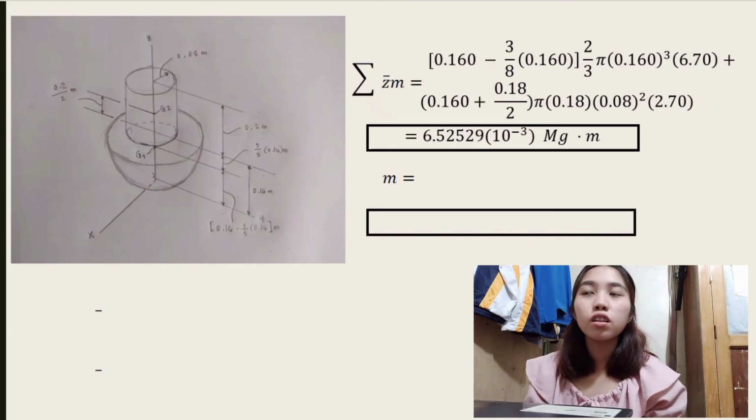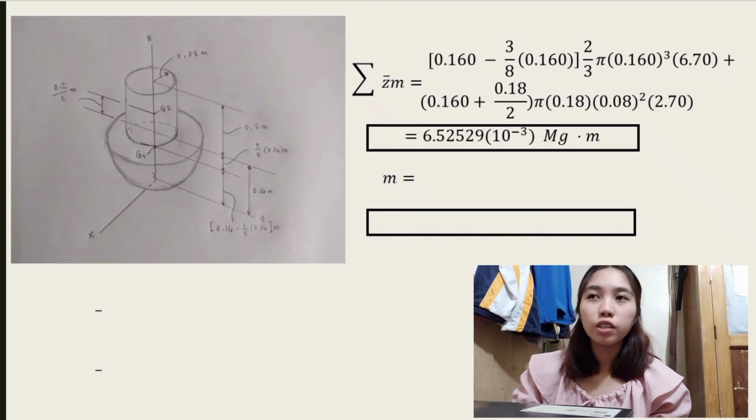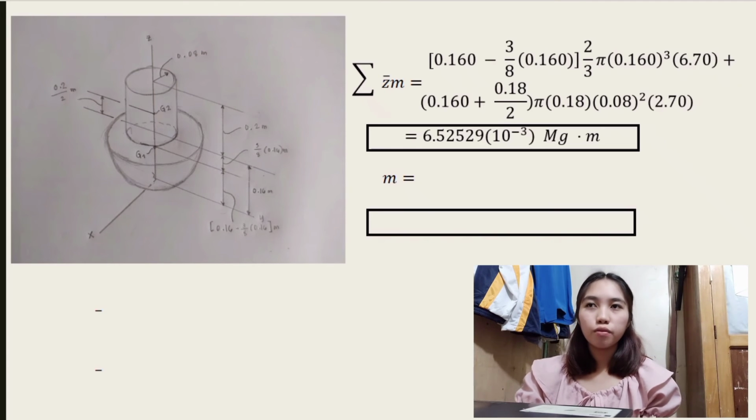So the summation of z bar m is 6.52529 times 10 raised to negative 3 milligrams times meter.